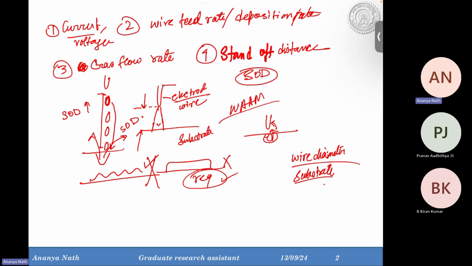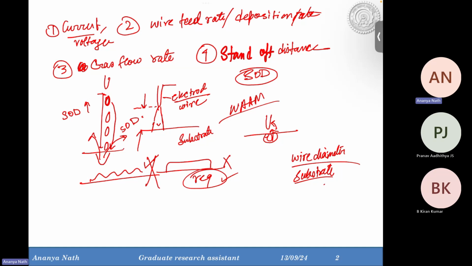Next, if the substrate is not flat properly, or the substrate has some deformation over it, then the arc establishment can be hampered, because the substrate is working as another electrode. Also, the ambient temperature and ambient conditions, like ambient humidity, may also affect the process.